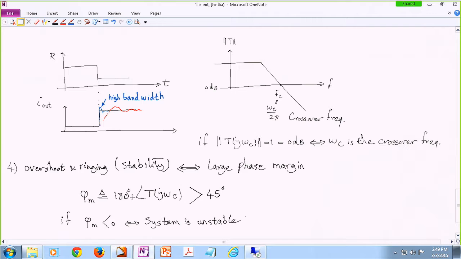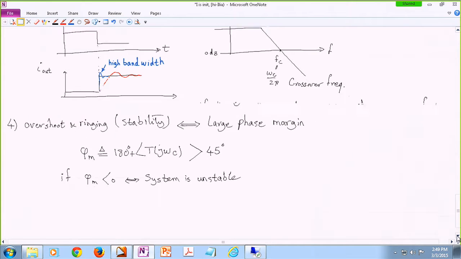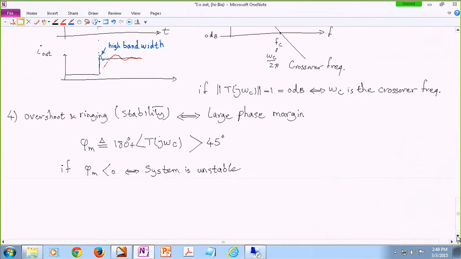Okay, so let me draw this phase margin thing. I'm sure you have seen it before in a classic control class. You look at the magnitude graph in order to find the crossover frequency, and then you look at the angle.